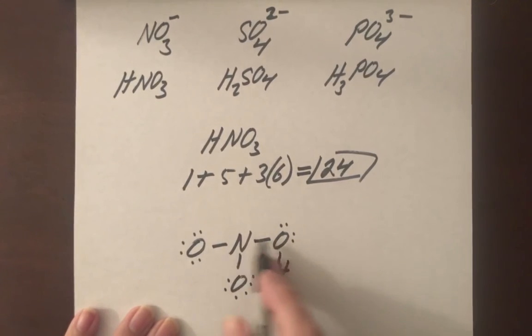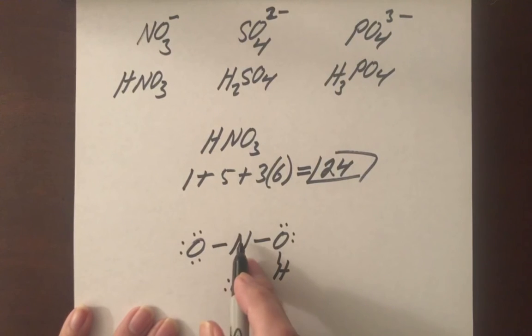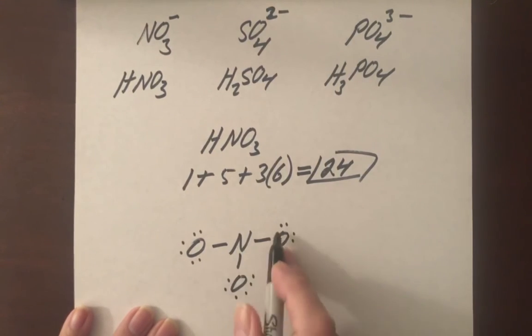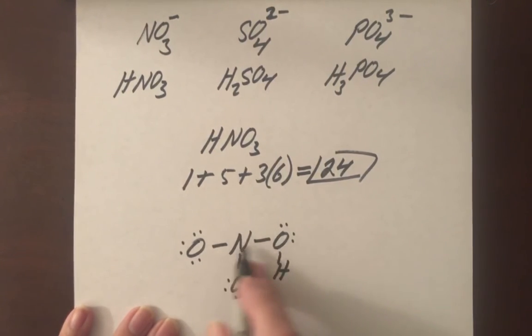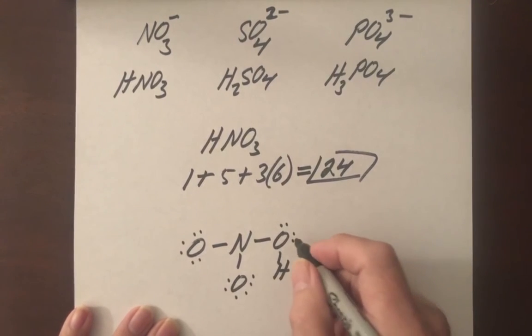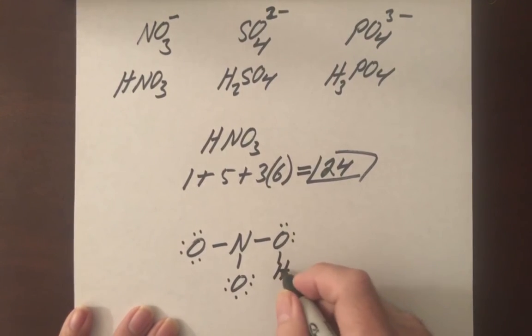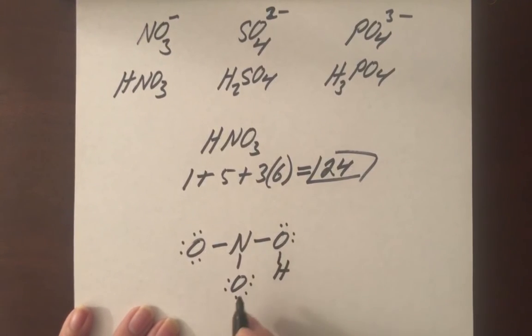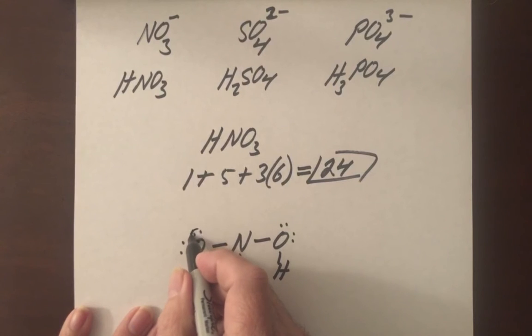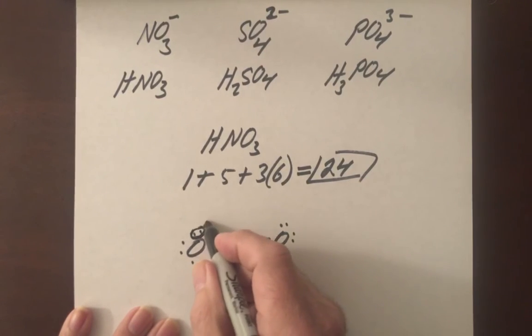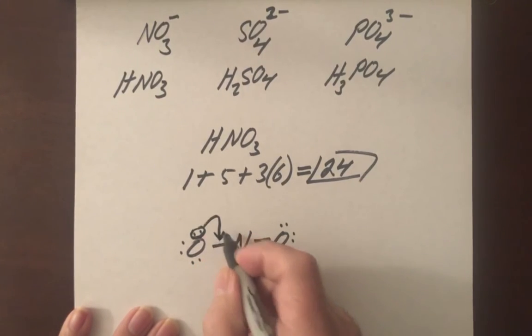So in order for the nitrogen to be surrounded by 8, I'm going to have to take one of the lone pairs off of one of the oxygens and make an additional shared pair, so the nitrogen is going to be double bonded to one of the oxygens. However, you're not going to want to pick the oxygen that already has the hydrogen bonded to it. You want to pick one of the other oxygens. So I will take this lone pair here and make it an additional shared pair here.